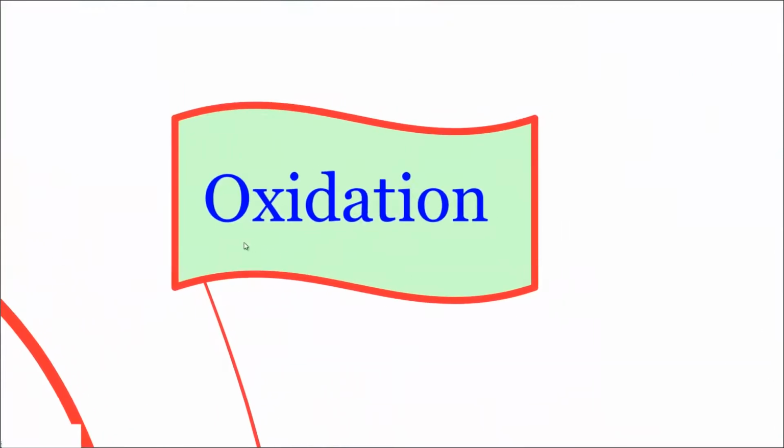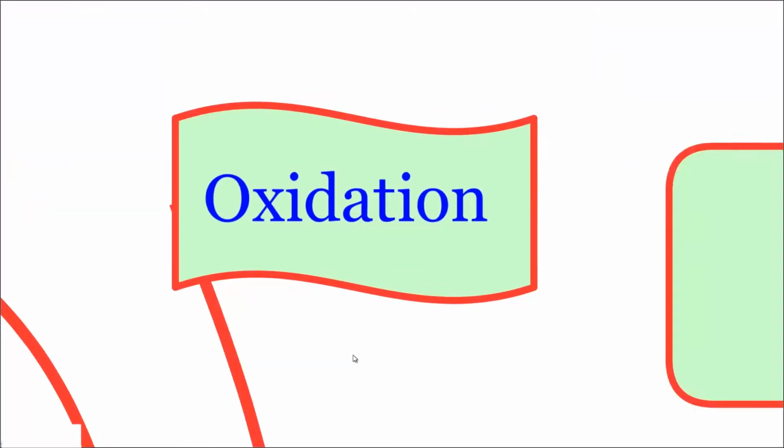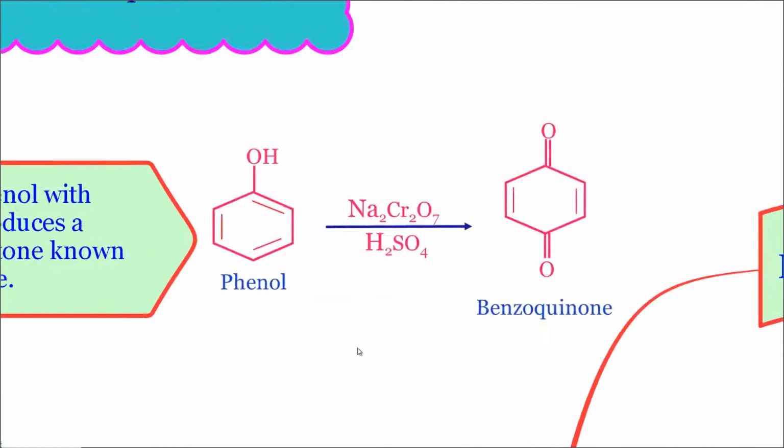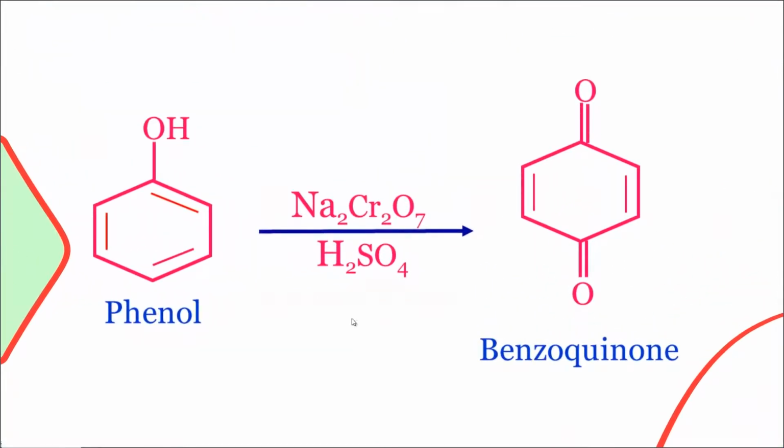Now let's understand the oxidation reaction of phenol. Phenol upon oxidation with chromic acid will produce a conjugated ketone known as benzoquinone. Let's look into the reaction equation. Phenol, C6H5OH, in the presence of acidified sodium dichromate, which is an oxidizing agent, will give a conjugated diketone.